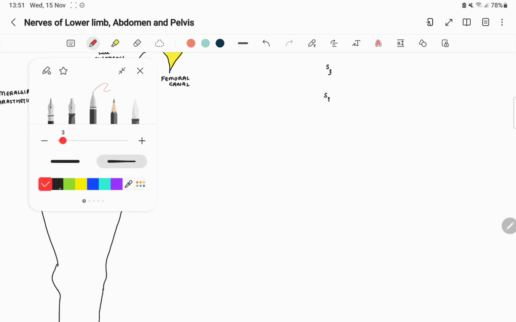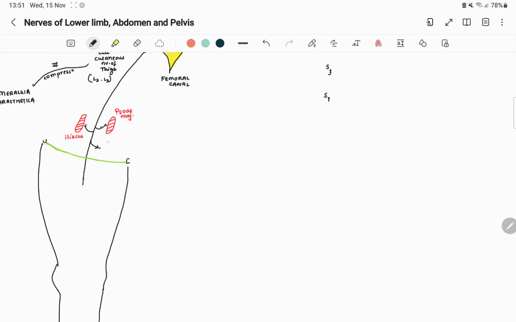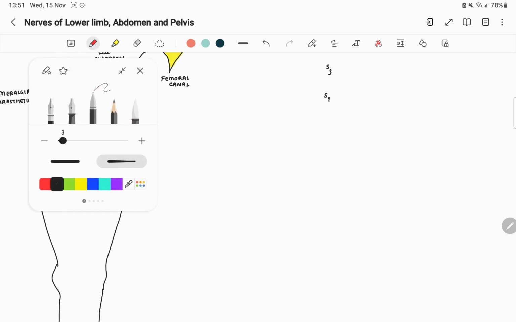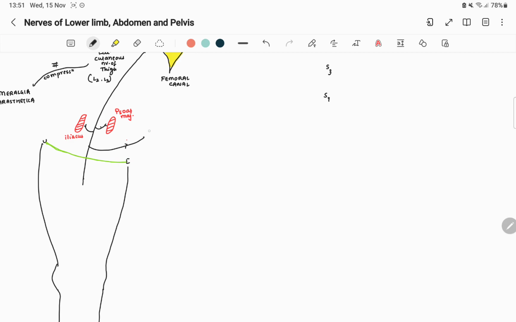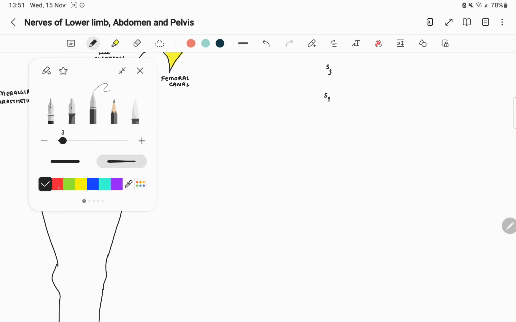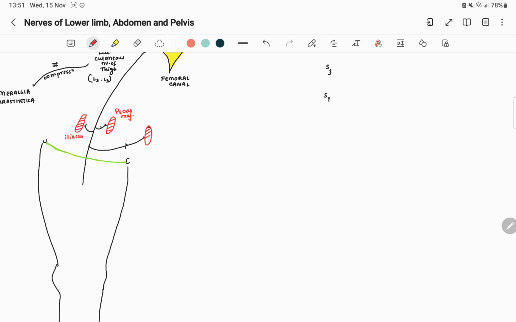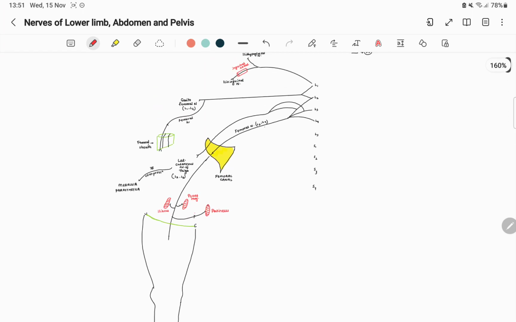And another branch is to your pectineus. Let's draw the pectineus like this. The trunk only supplies the pectineus. It gives three branches here. Understood?